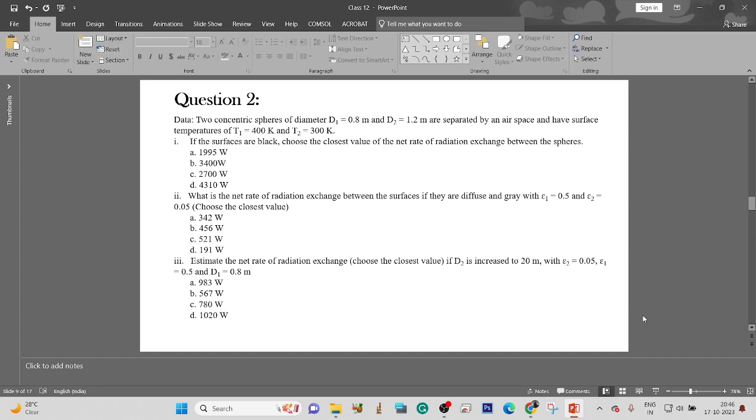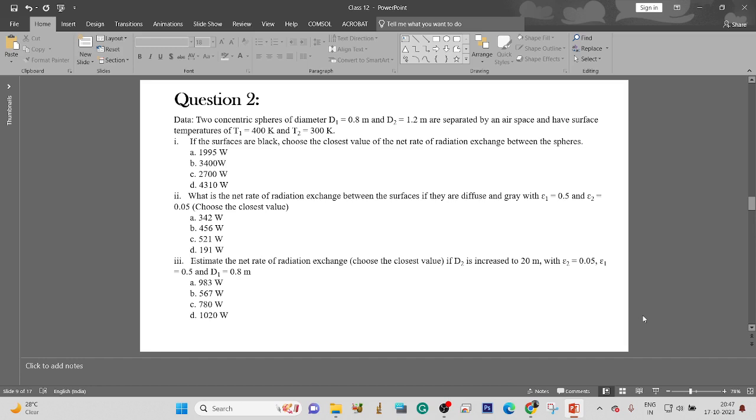We can use the net rate of radiation equations that we already know. For the first part we'll be using the Stefan-Boltzmann law, because this is a black body. For the second part, what is the net rate of radiation between the surfaces if they are diffuse and gray? For that we'll use the formula we already used here.